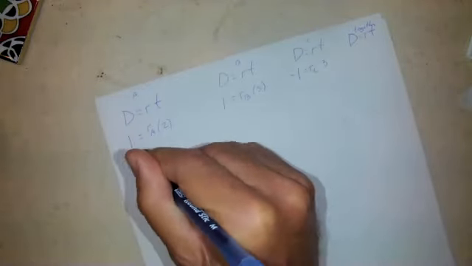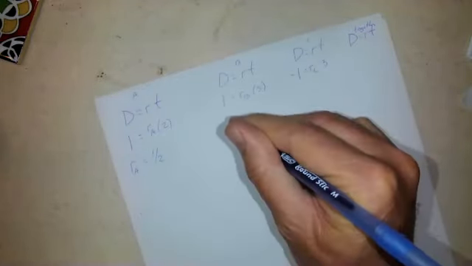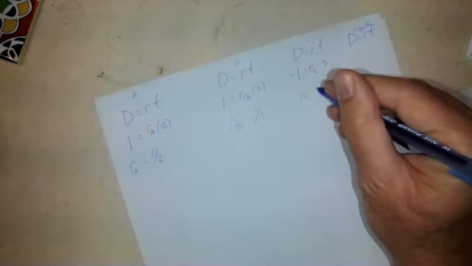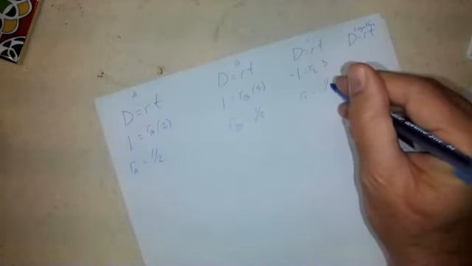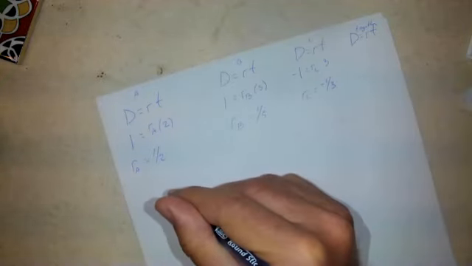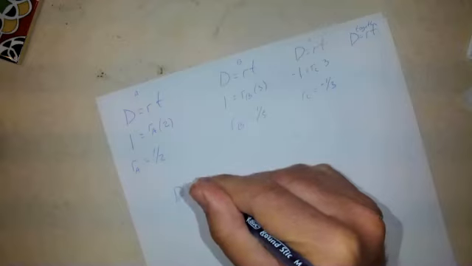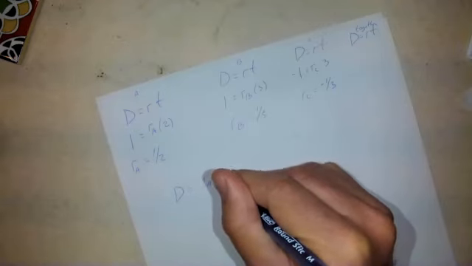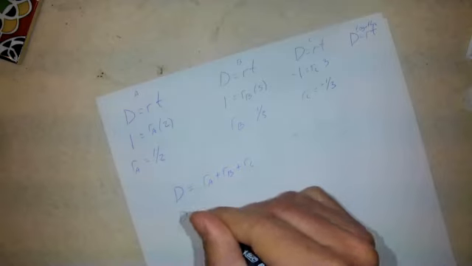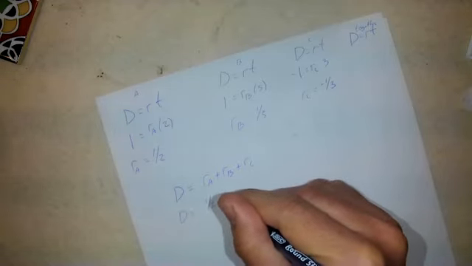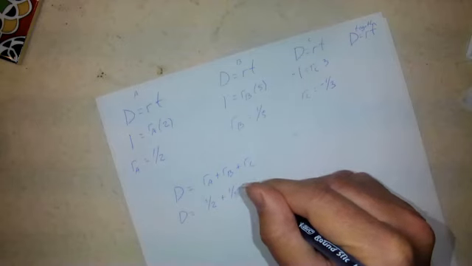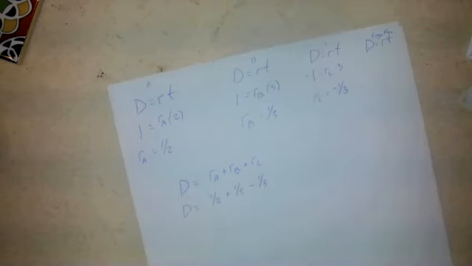The rate of A is 1/2. The rate of B is 1/5. And the rate of C is negative 1/3. When they are working together, we have distance equals rate of A plus rate of B plus rate of C. That's distance equals 1/2 plus 1/5 minus 1/3.